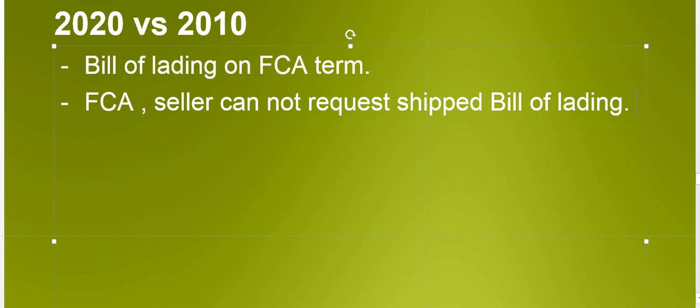So in this case of FCA, the seller has only to deliver the product to the carriage area where the buyer designated.